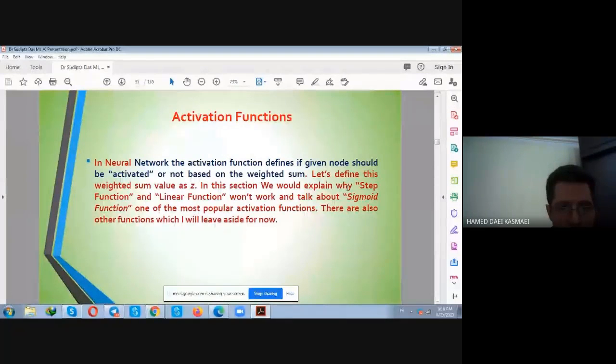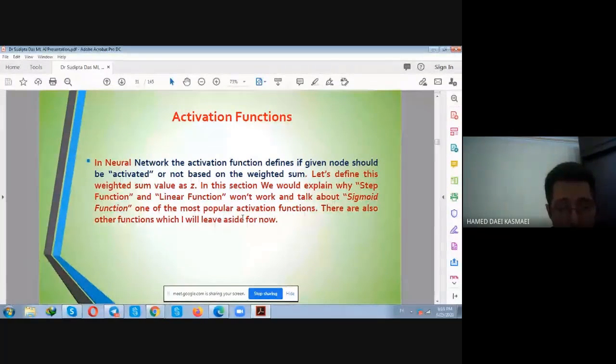So, activation function in a neural network: the activation function defines if a given node should be activated or not based on the weighted sum, okay? Let's define this weighted sum value as Z. In this section, we explain why a step function and linear function won't work. That is very important. I will tell you why we need to use the sigmoid function and nonlinear functions, and what the advantages and disadvantages are. Let's talk about the sigmoid function, one of the most popular activation functions.